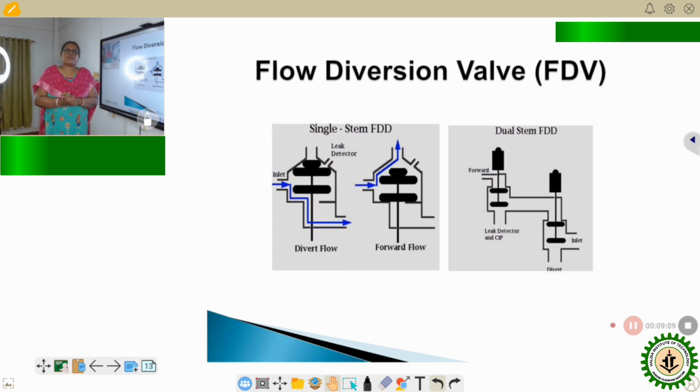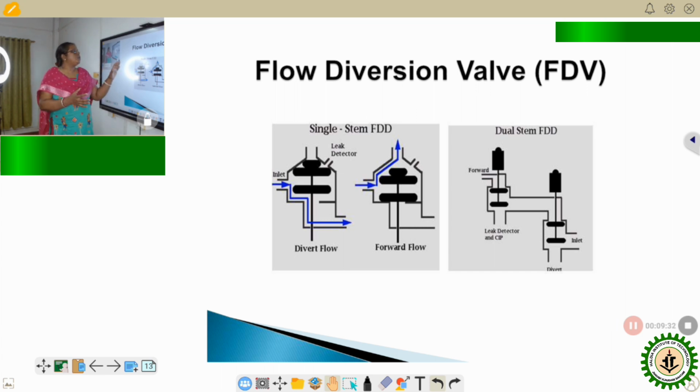If the milk is properly pasteurized, then the valve allows it to move forward to the regeneration cooling section. But if the milk is not properly pasteurized, then this valve sends the milk flow back to the balance tank for reprocessing.